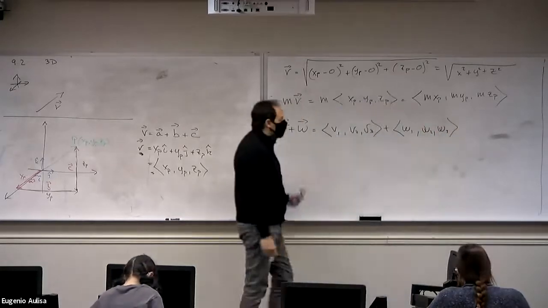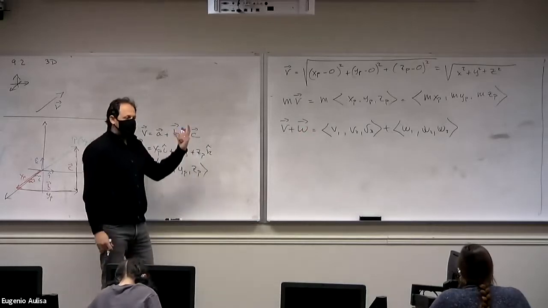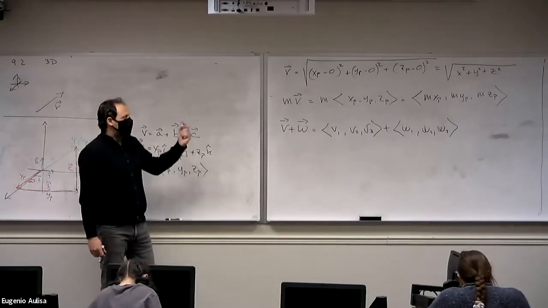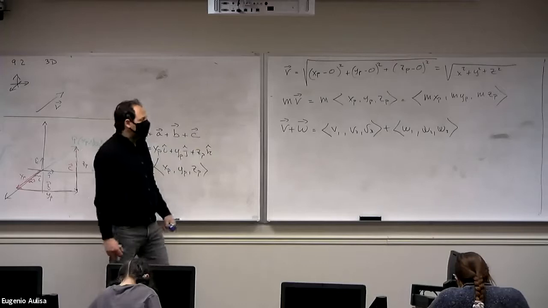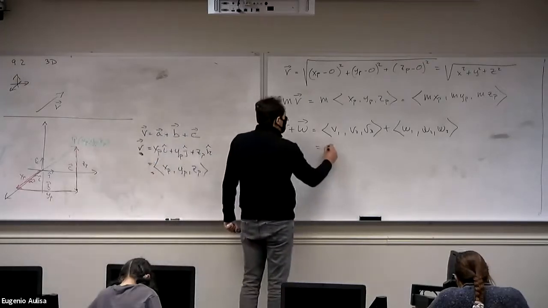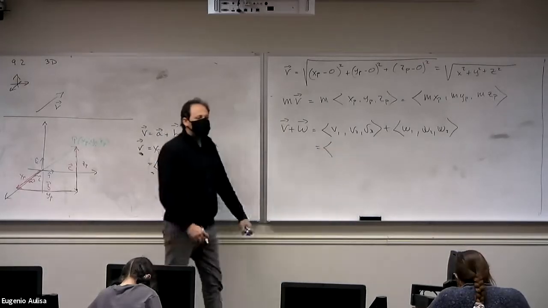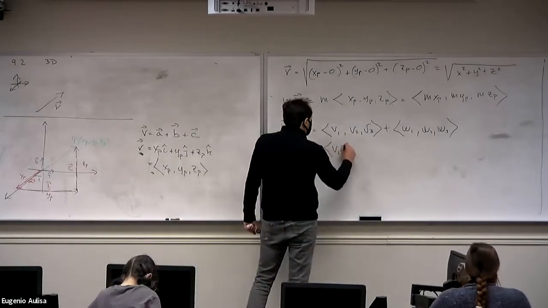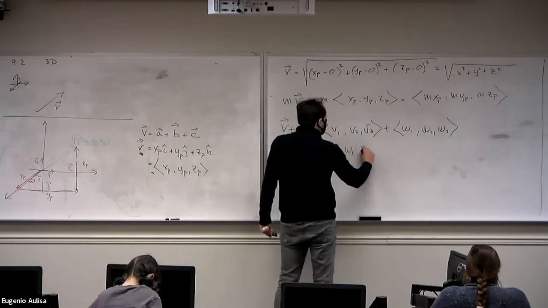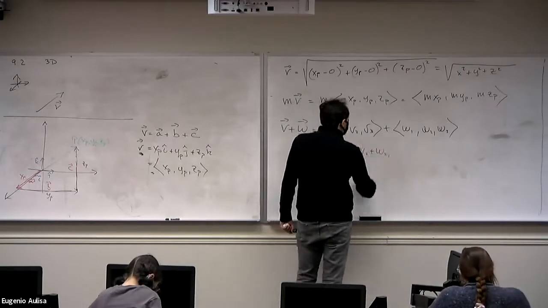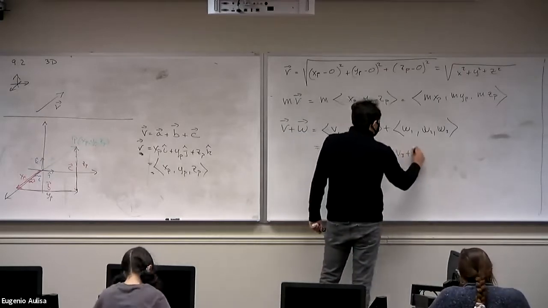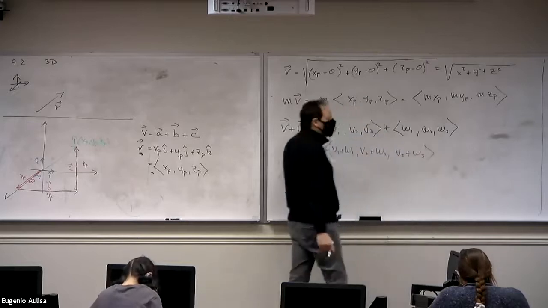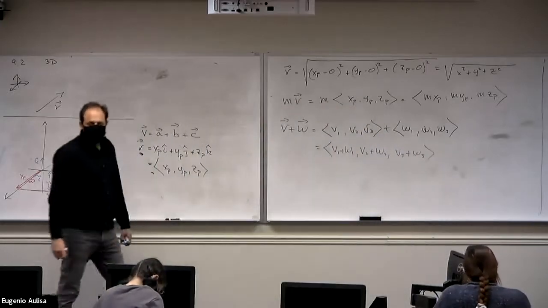So we are adding up the two vectors with components V1, V2, V3 and W1, W2, W3. So this is going to be the vector whose x component is V1 plus W1, then V2 plus W2, V3 plus W3.